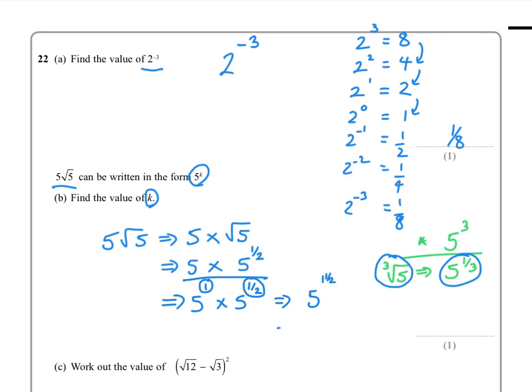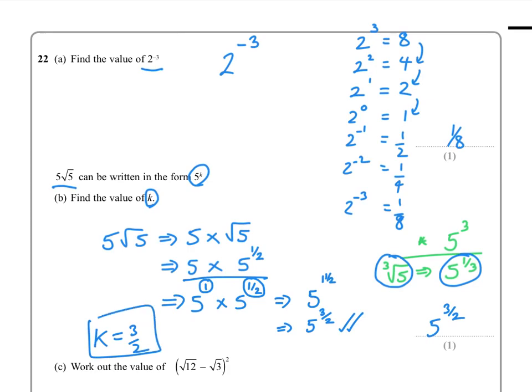That would be okay, but I think it's nicer to write 5 to the power 3/2. That's generally how it would be written at higher level GCSE and A level. So there we go, 5 to the power 3/2. So k was 3/2, just get that written down as well.